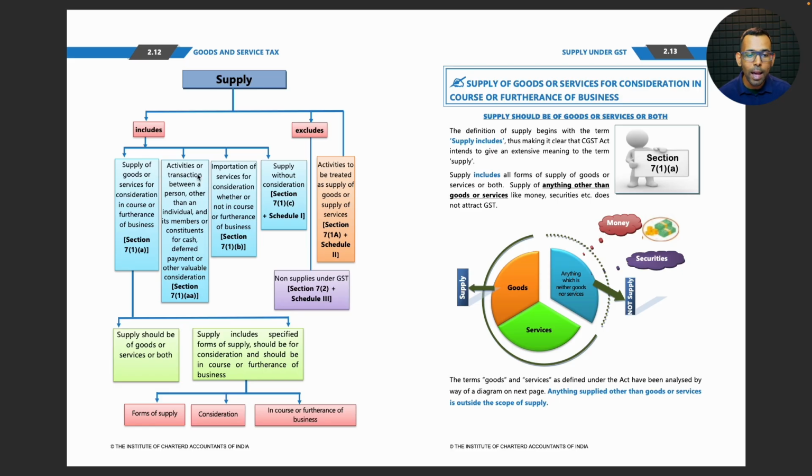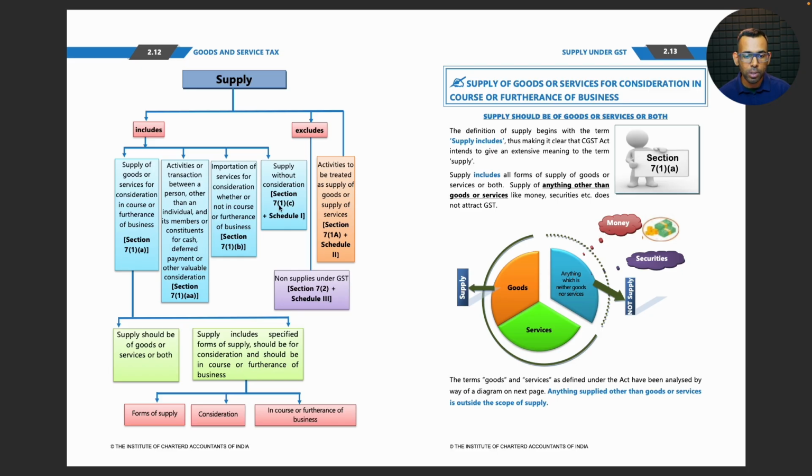Supply includes activities or transactions between a person other than an individual and its members or constituents for cash, deferred payment or other valuable consideration. Section 7 subsection 1 clause aa. Importation of services for consideration whether or not in course or furtherance of business. Section 7 subsection 1 clause b.